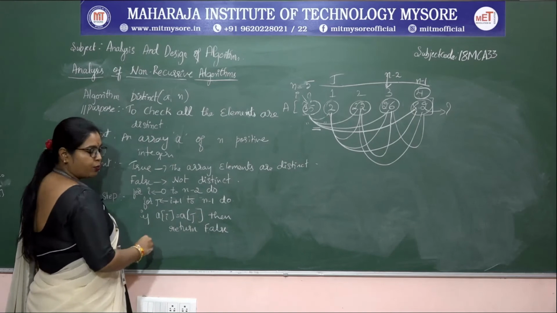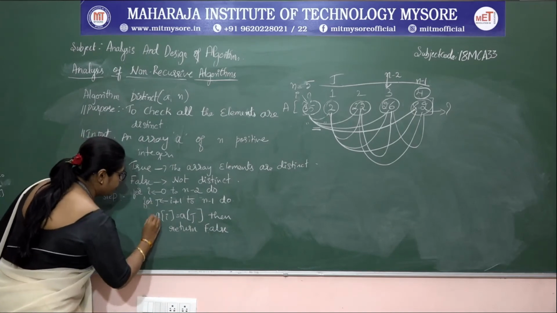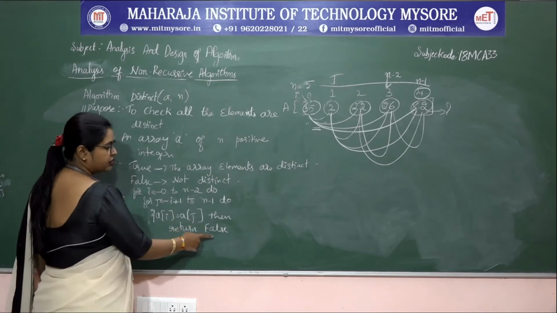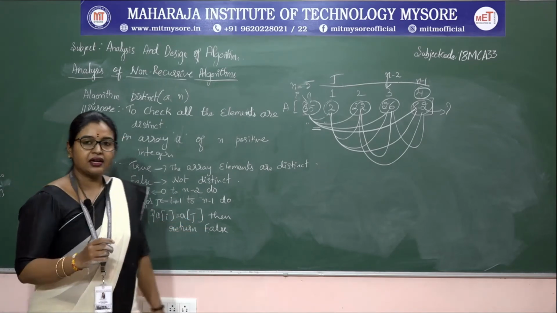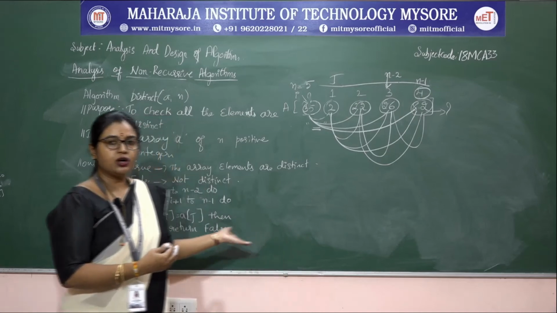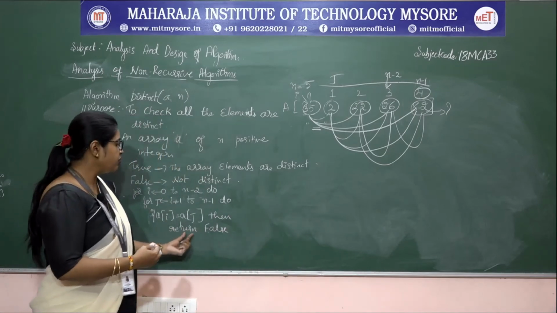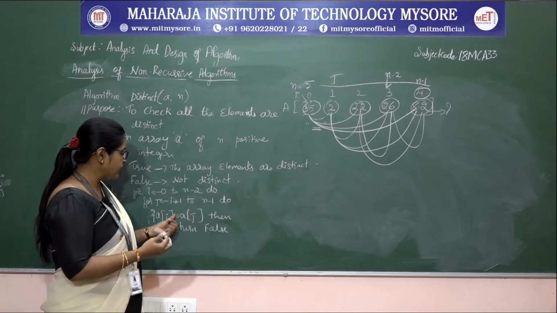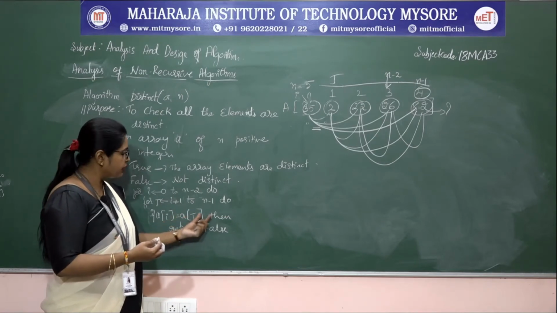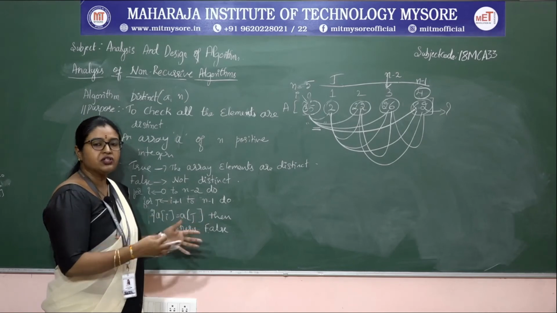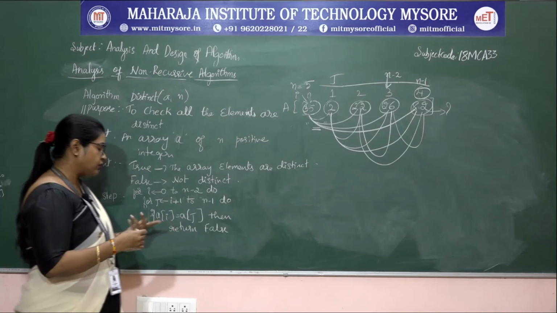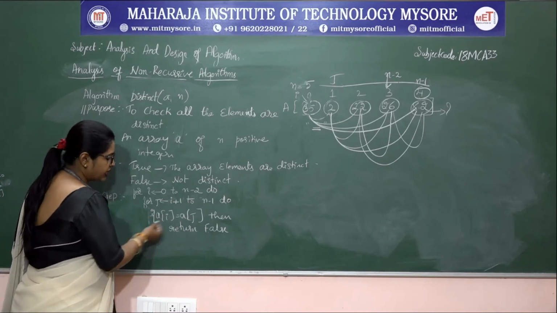Do the following operation: if a of I is equal to a of j, then return false. If you put return true here, then it is a problem, because when not equal it would return in the very first iteration itself.